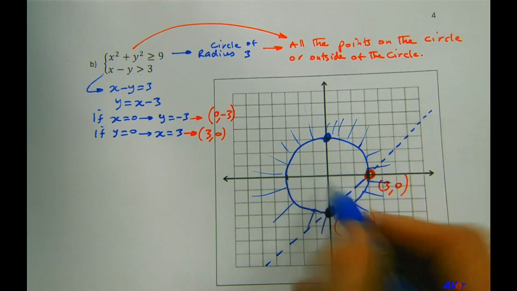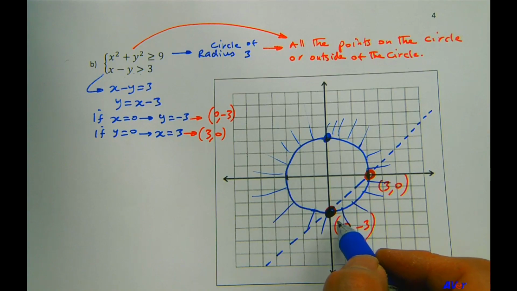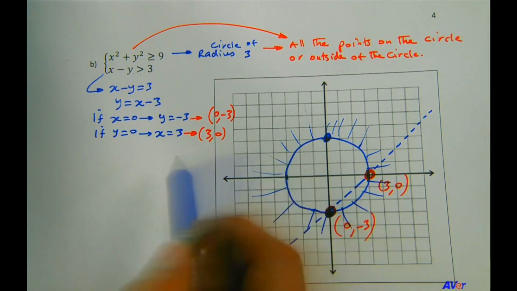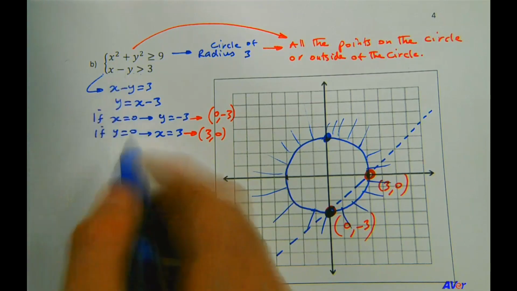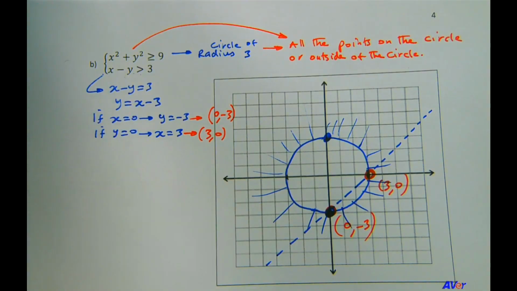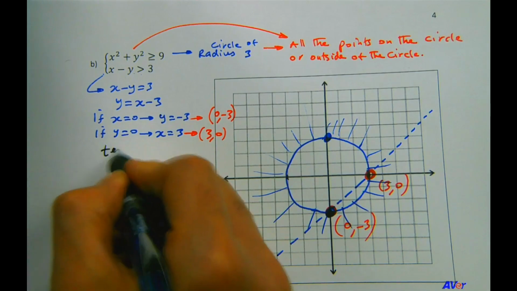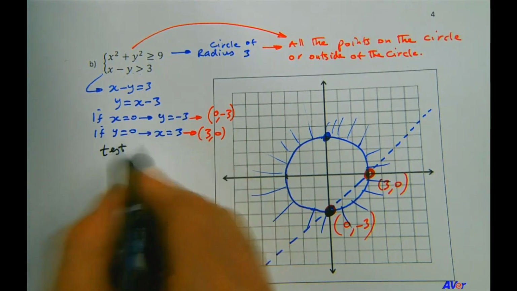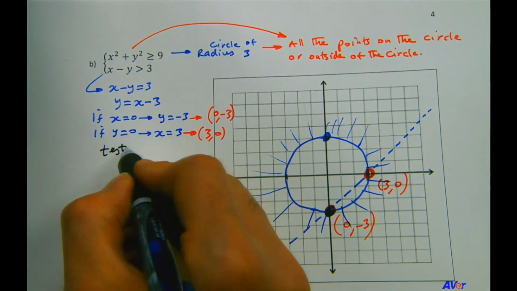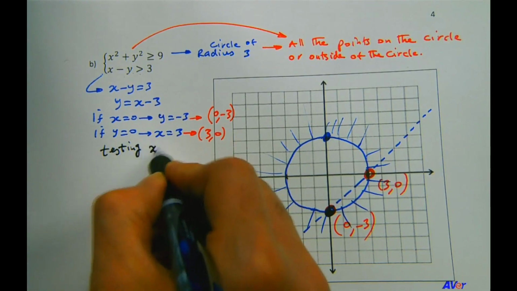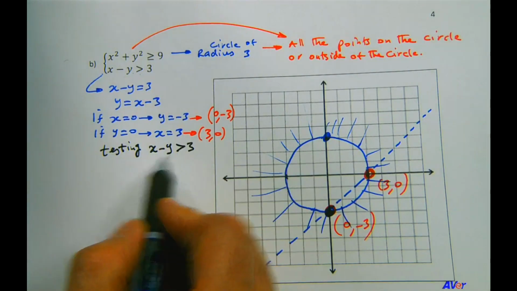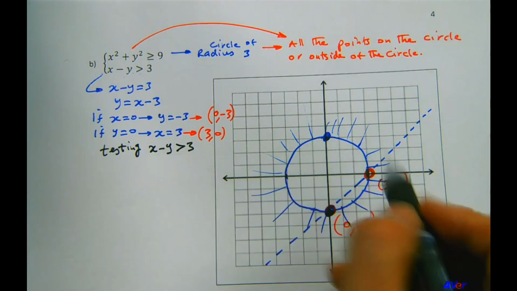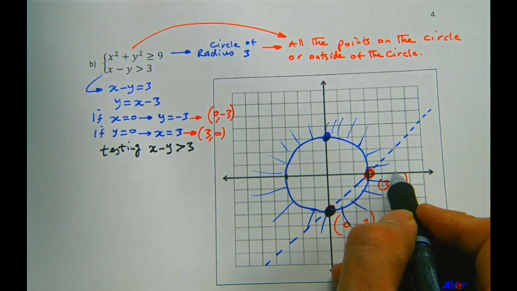Now, which side of that line is the solution? Well, let's pick a test point. Testing x minus y greater than 3, right? So let's pick a test point safely on this side of the line.